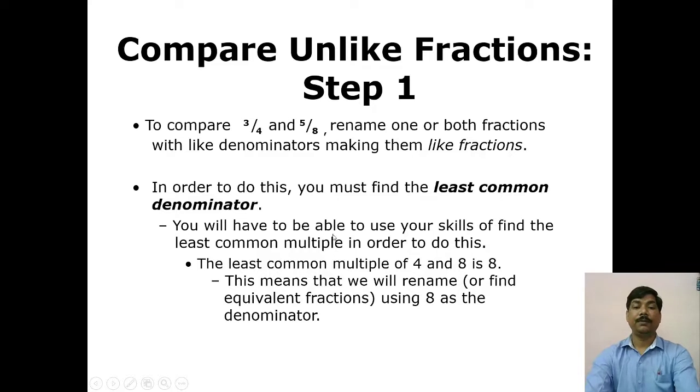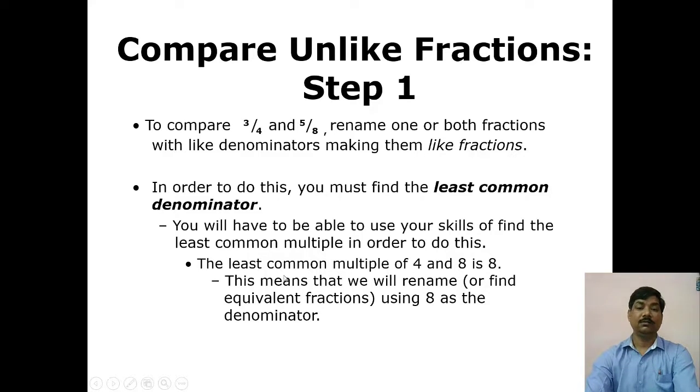You will have to use your skills to find the least common multiple in order to do that. It means you have to find the LCM of the denominators of the given fractions.